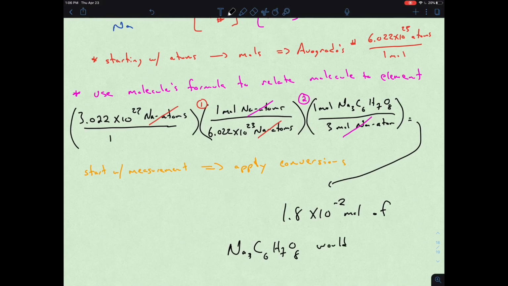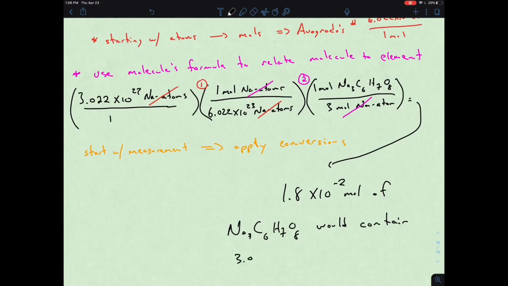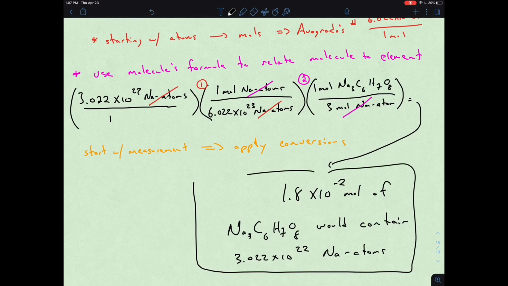Right, would contain 3.022 times 10 to the 22nd sodium atoms. And so that's our first type of example of now using the molecular formula and relating it to elements within that formula and vice versa.